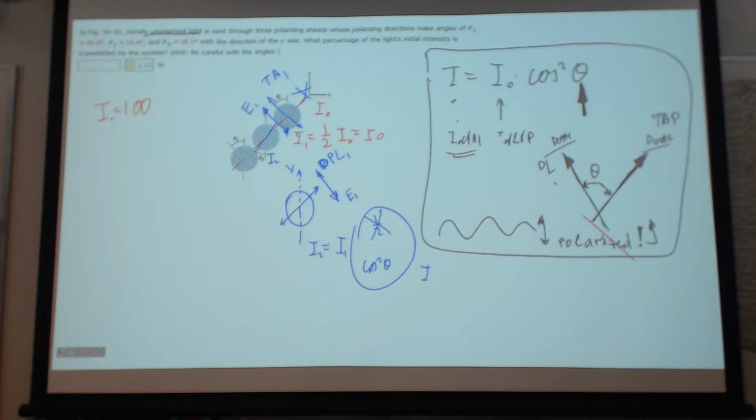Now you have to tell me, how do we measure this angle? You measure it between the direction of polarization and the transmission axis. Absolutely. So now please tell me, what is your angle number 1? My angle number 1 is 36.8 degrees. 36.8 degrees.